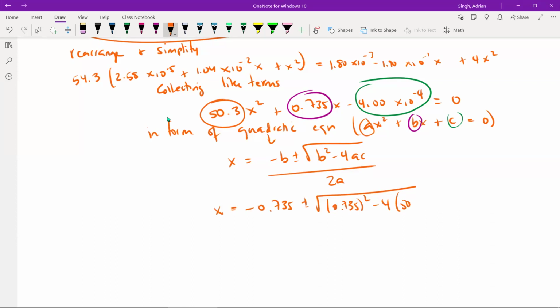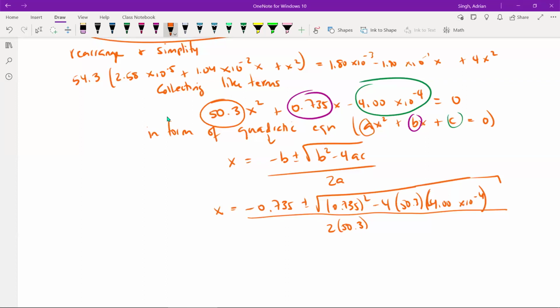So a is 50.3 times c, and c is 4.00 times 10 to the minus 4. And that's a negative value. Don't forget your signs, which is very easy to forget when you do this. Oops, that's divided by. See if I can make that line a little straighter. 2a, so 2 times 50.3.